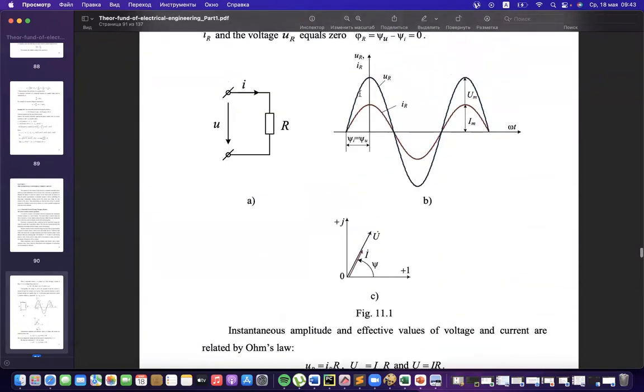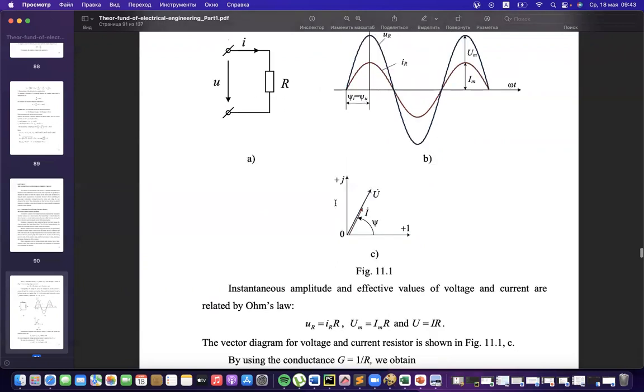And in complex form, instead of these sinusoids, we could draw only vectors with the same initial angle, because this initial angle is the same.